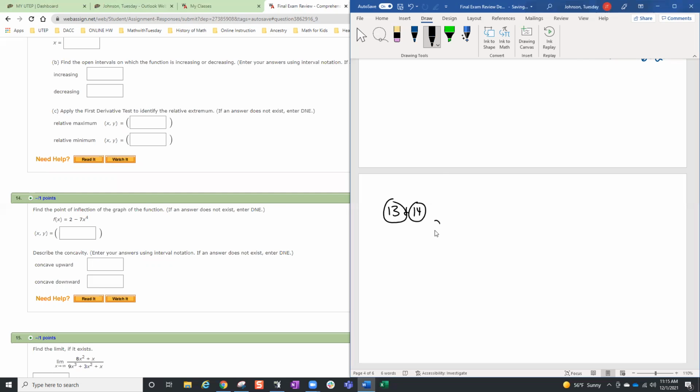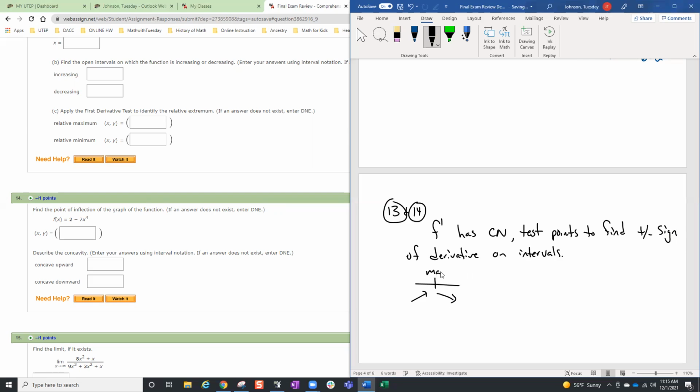Remember that our first derivative has critical numbers, right? First derivative equal to 0 or does not exist, has critical numbers. And then we'll use the test points to find the plus or minus sign of the derivative on intervals. If we have an interval where we go from increasing to decreasing, we'll have a maximum.